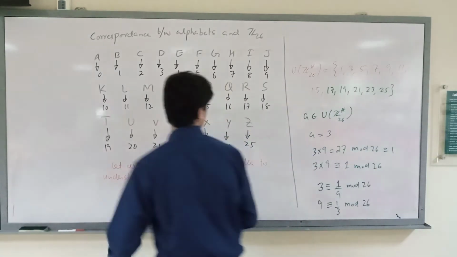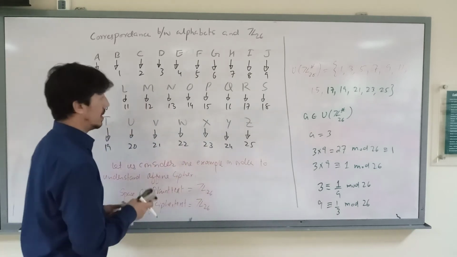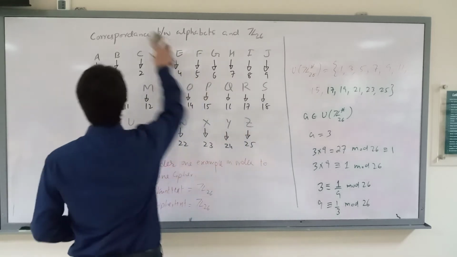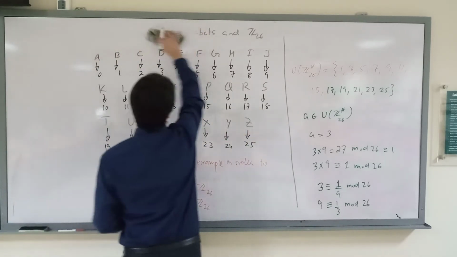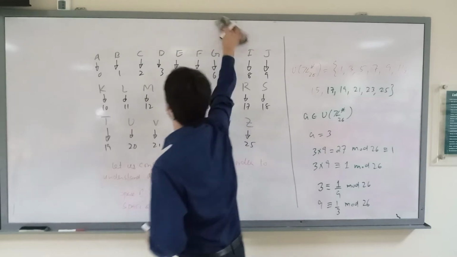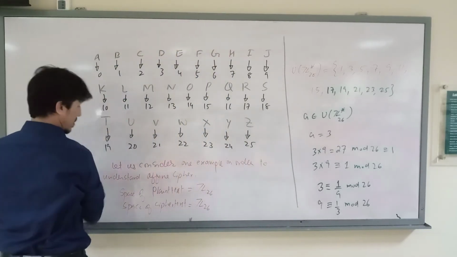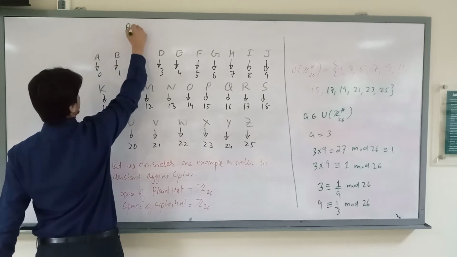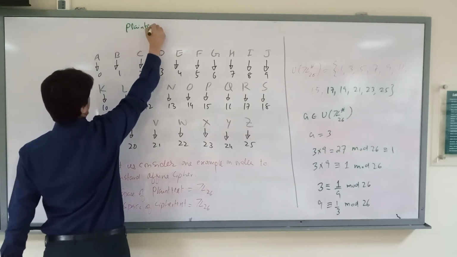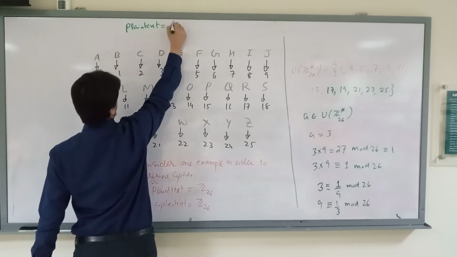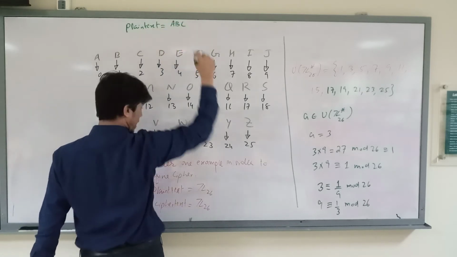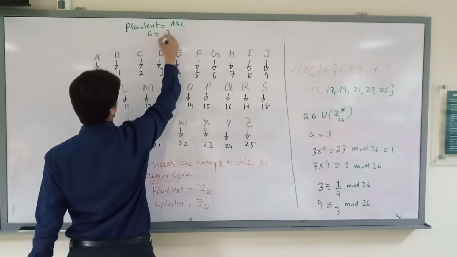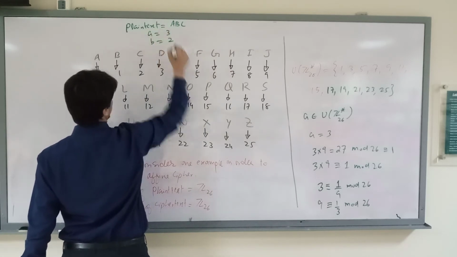Let me elaborate this with an example. The plain text is A, B, C, and my A is 3 and my B is 2.